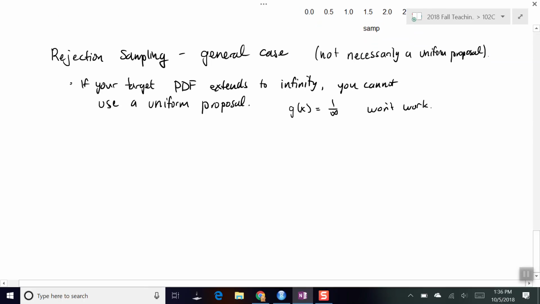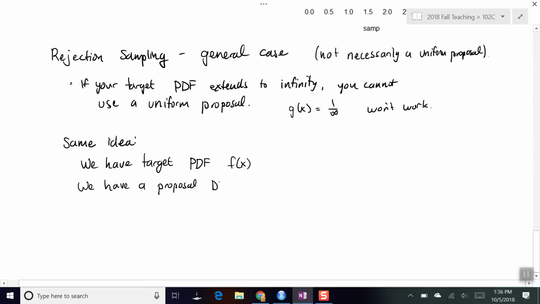Okay, so it's basically the same idea here. We have target PDF f of x, and we have a proposal PDF g of x.